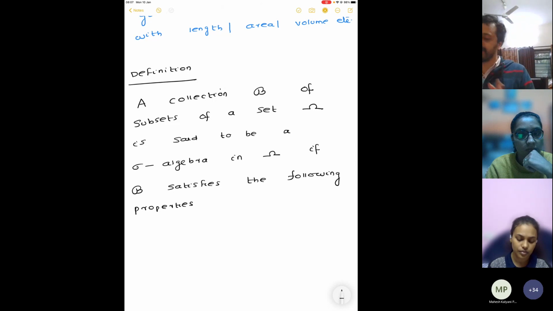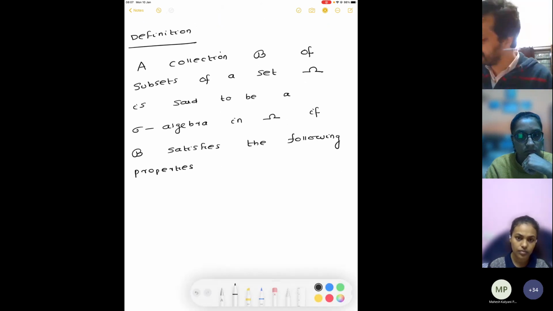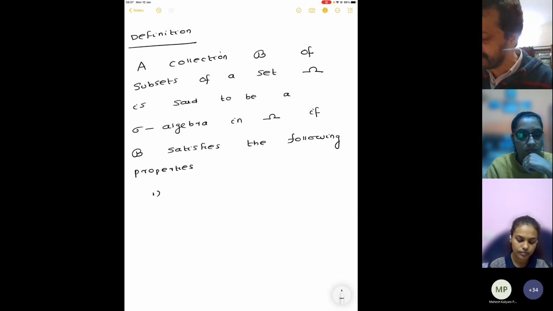Basically, a sigma algebra is a collection of subsets of a given set omega, and that collection should have the following properties that we listed in the previous lecture.